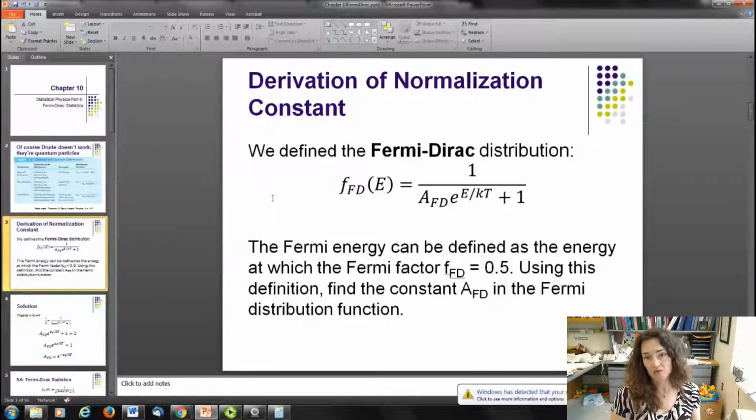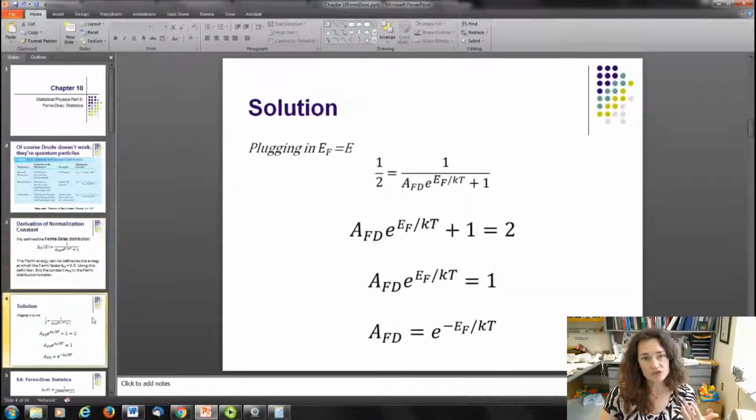Okay, so I'm going to show you what this normalization constant is if you set the energy equal to the Fermi energy and it has the value of 1/2 for the distribution function. If you plug in the Fermi energy for E and set the distribution function equal to 1/2, then you have 1 over your normalization constant, e to the E_F over kT plus 1.